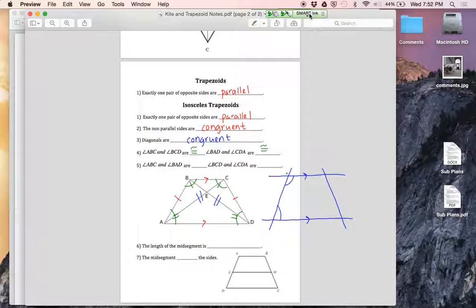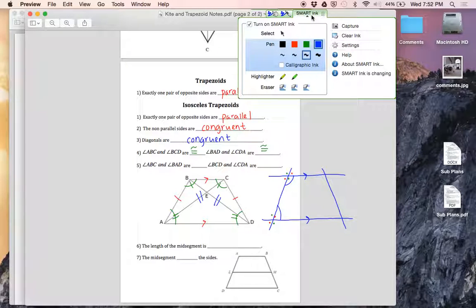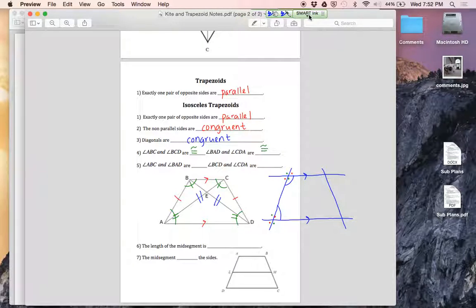So these 2 angles are opposite colors, and that means they're supplementary. They add up to be 180 degrees. And the same thing happens over here. These 2 angles are supplementary.